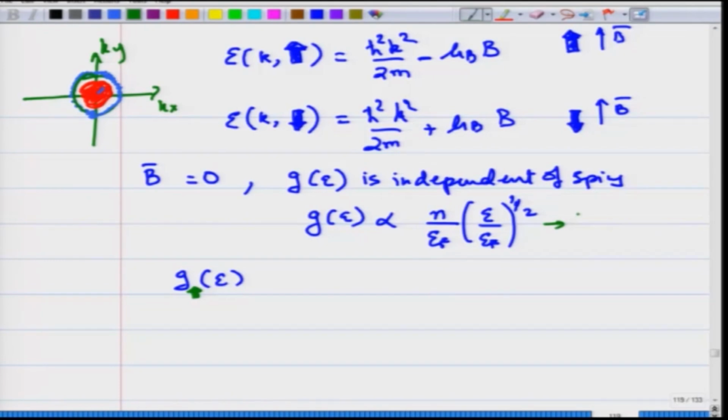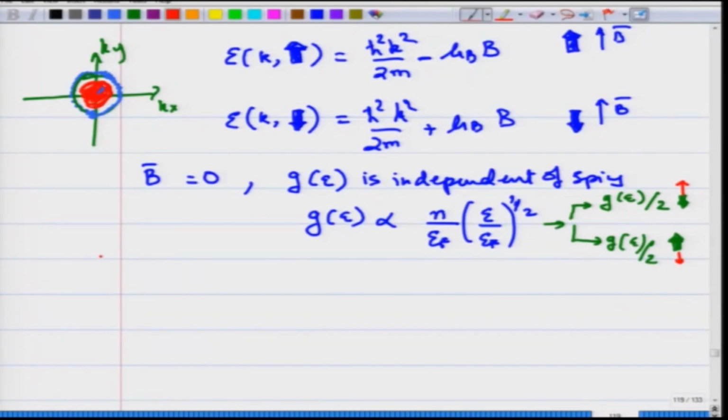So, this is G(E)/2 and this is G(E)/2 for magnetic moment down and G(E)/2 for magnetic moment up, which in other words is for spin up or spin down. It is exactly identical, and that is what I wanted to say, that the density of states is exactly identical for spin up and spin down electrons.